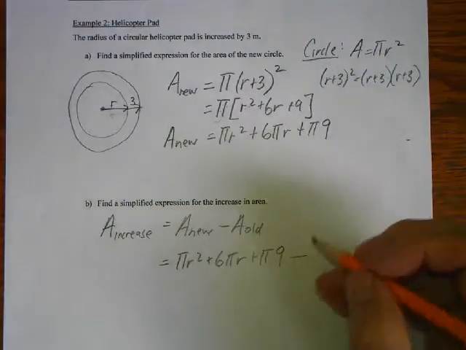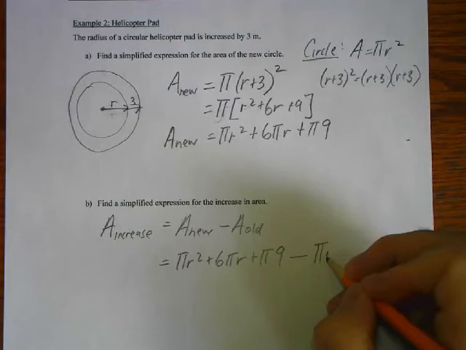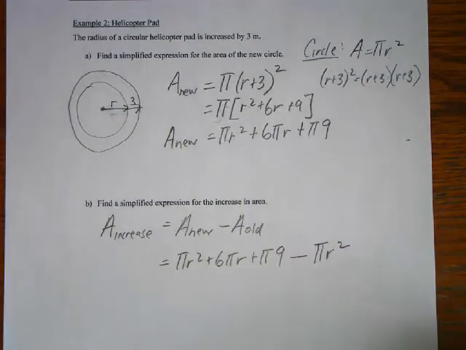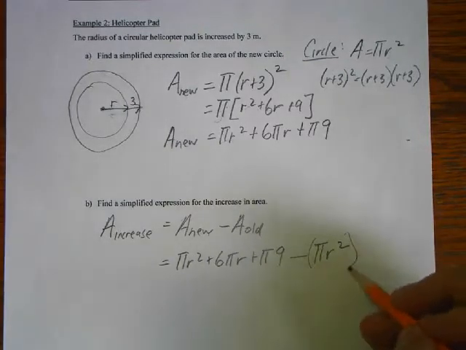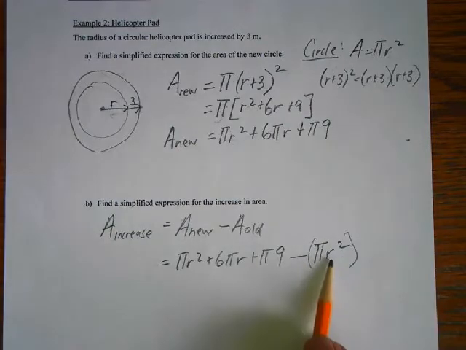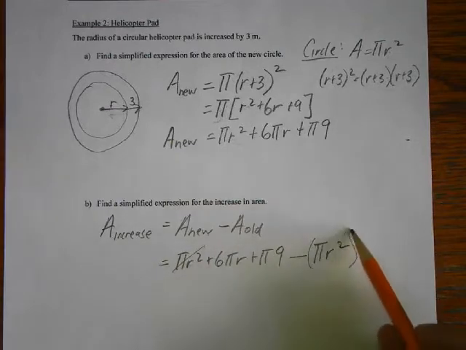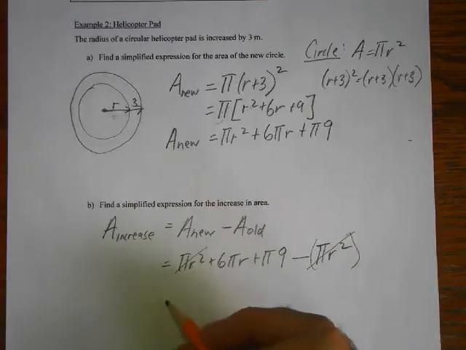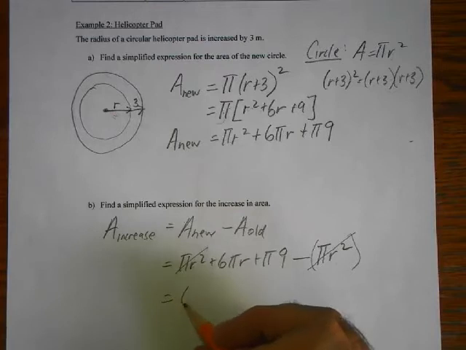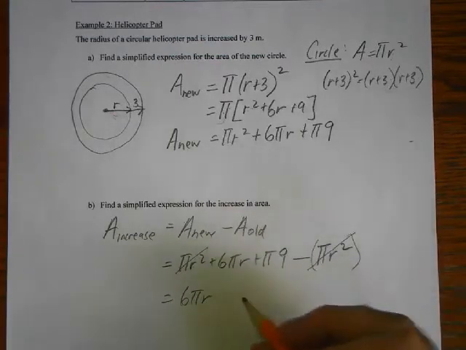So the original area was just pi r squared. I don't have to put brackets around it, but I could, because it's only one term. It's always safe to put brackets if you're not sure. So if you look at this, I got pi r squared plus this minus pi r squared. So these two really canceled out. So the result is just 6 pi r plus pi 9.